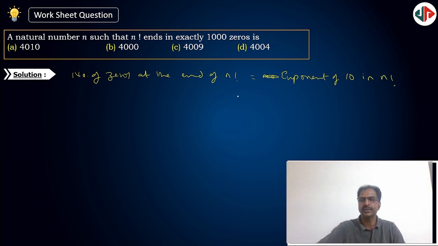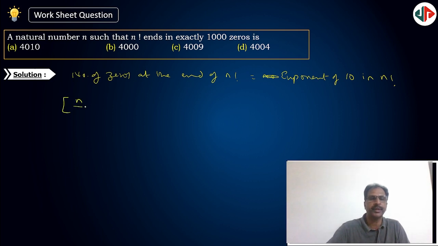That is, number of zeros depends upon the exponent of 10, that is power of 10. Power of 10 is nothing but power of 5. Power of 10 in any number will be same as power of 5 in that number. So now we have to find in which number the power of 5 will be 1000. For that there is a formula.